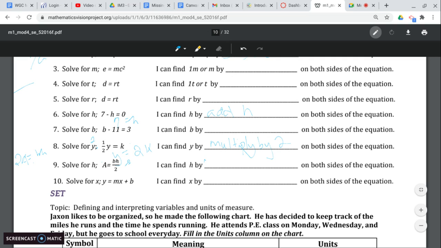So multiply by 2. Then we still need to get H by itself. How do we get rid of the B? We divide both sides by B. So we have 2A over B equals H.